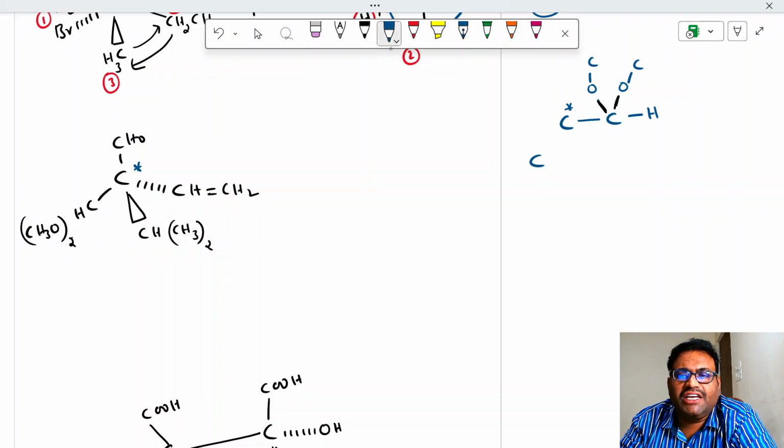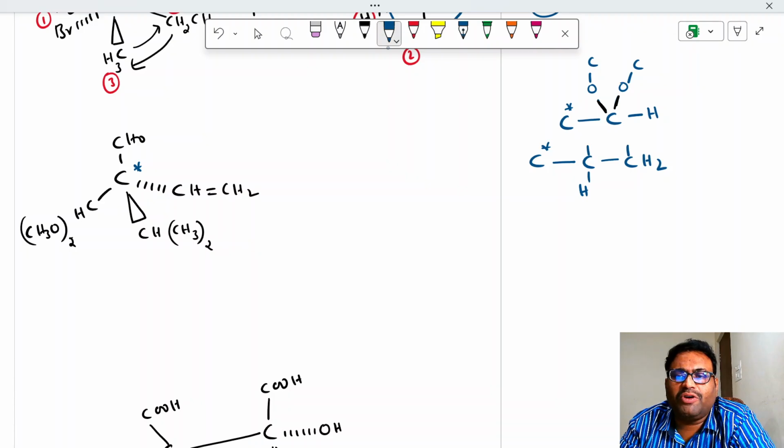Next, C star, that is chiral carbon, is attached to CH double bond CH2. What is said, this pi bond is to be broken and converted into hypothetical sigma bonds. C double bond C now. Again here comes C, here comes C. Okay.